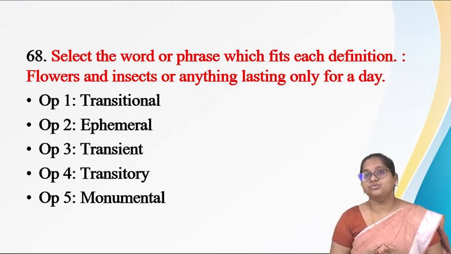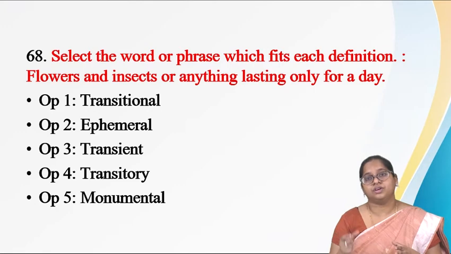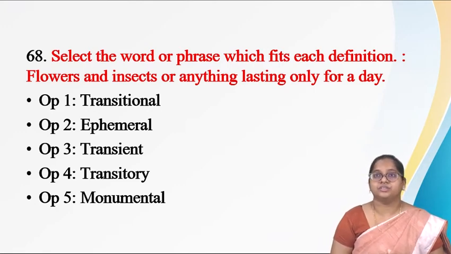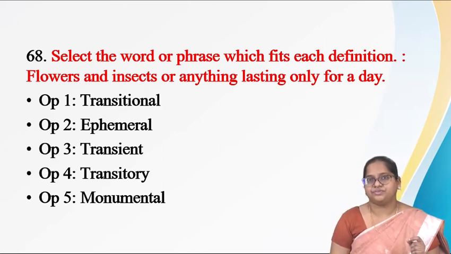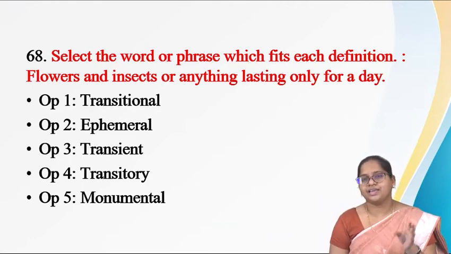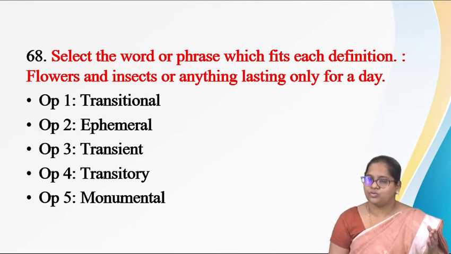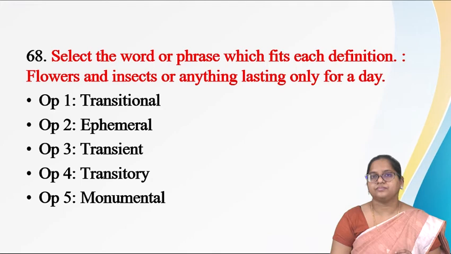So option 2, ephemeral, is the one which best fits the blank in the question. The question means flowers and insects or anything lasting only for a day, and the answer is ephemeral, that means that which lasts only for a short time.